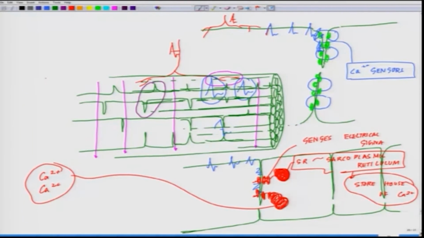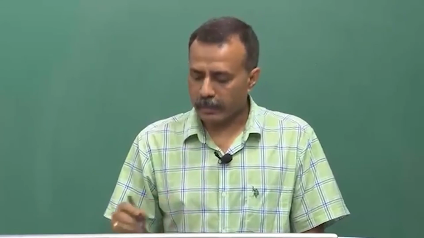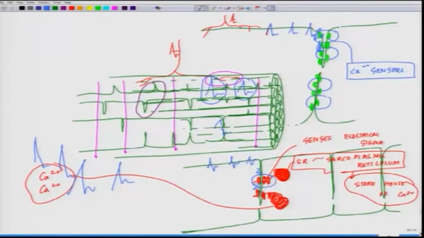Now, when the electrical signal comes here, this electrical signal makes this sarcoplasmic reticulum sensitive to it. They get sensitized because of this adapter kind of molecules, which are the calcium sensors, which are ryanodine and DHPR receptors. Okay, this ryanodine and DHPR receptors let this sarcoplasmic reticulum give out the calcium.